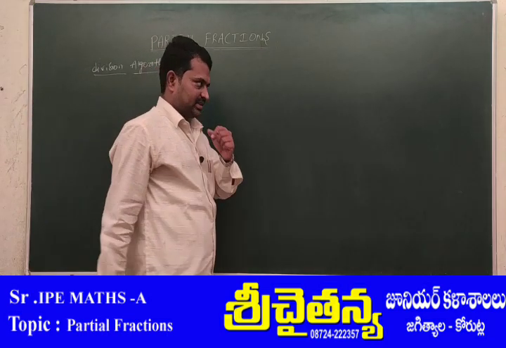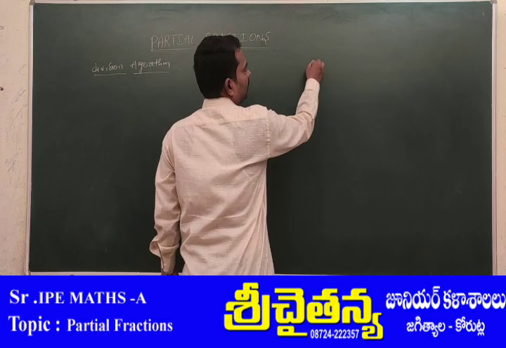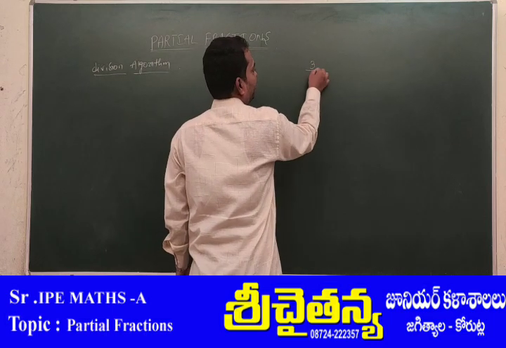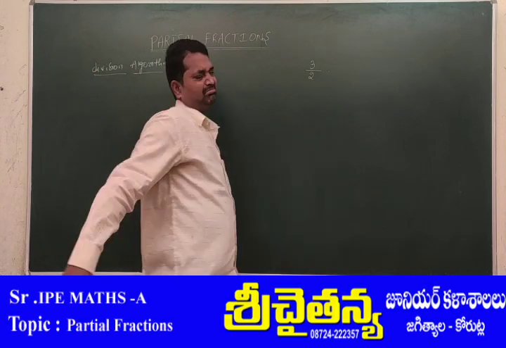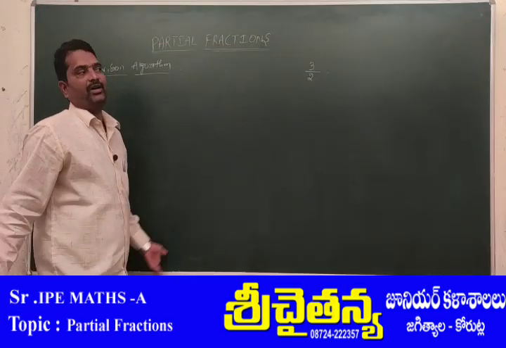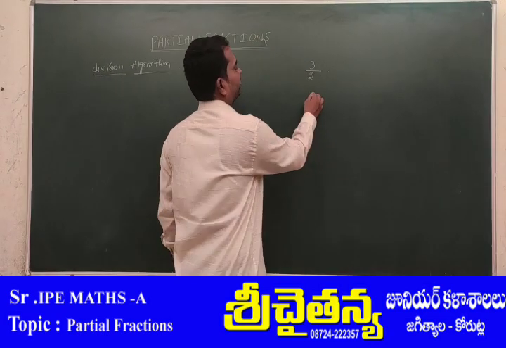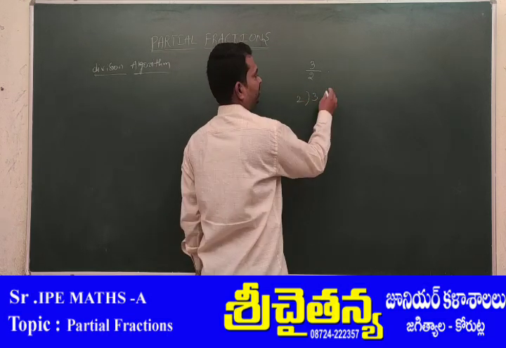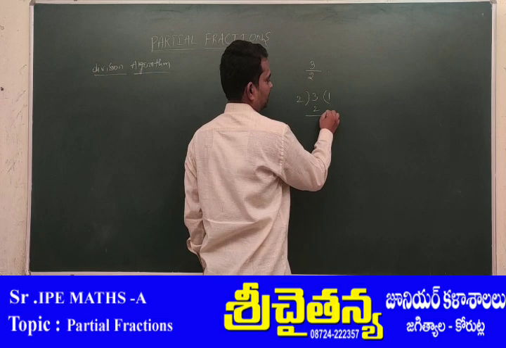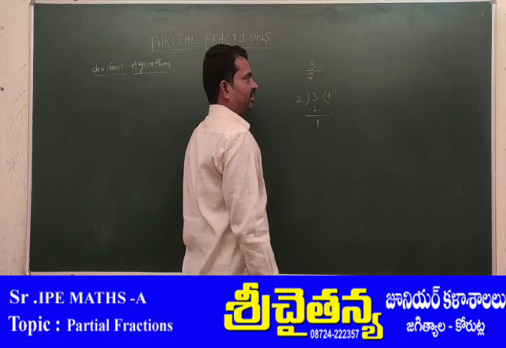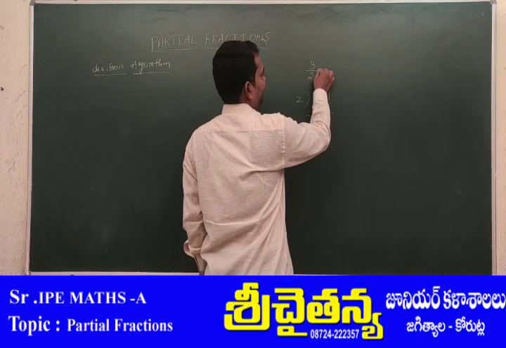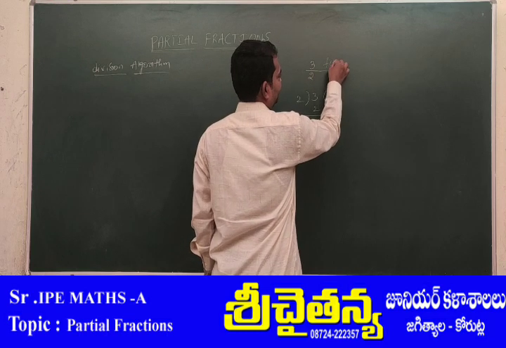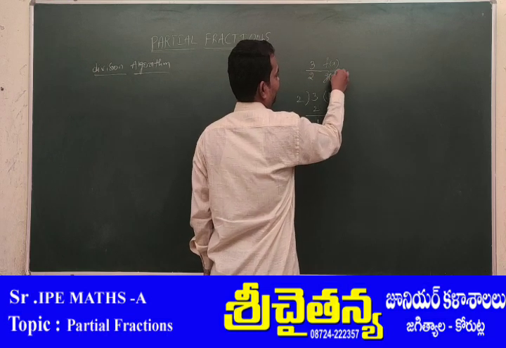In earlier classes, how did we write the answer of 3 by 2? There are many ways, but I am writing like this. 3 is divided by 2: 2 ones are 2, and the remainder is 1. So I am writing here, this is f of x and this is g of x.